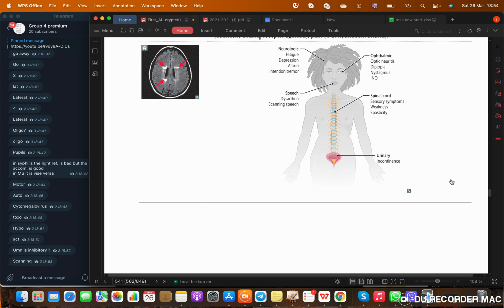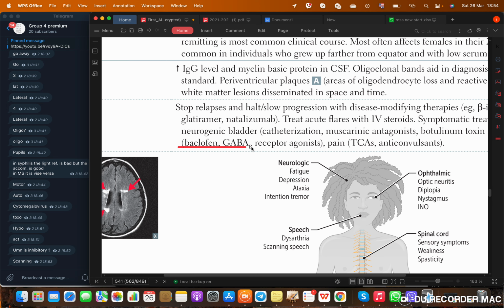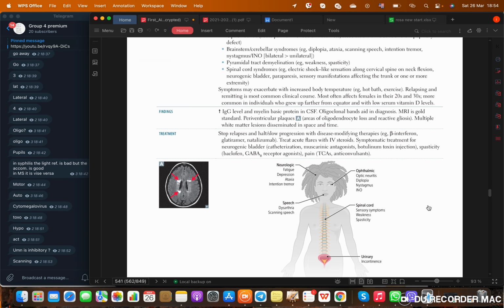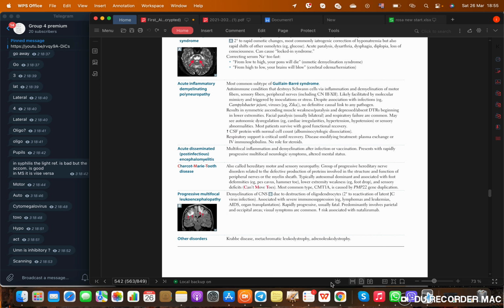Spinal cord affection can lead to sensory symptoms, weakness, and spasticity that can be decreased by baclofen. Baclofen is for your back, so it relaxes the spasticity. Baclofen. Okay, guys, 10 minutes break. See you in 10 minutes.